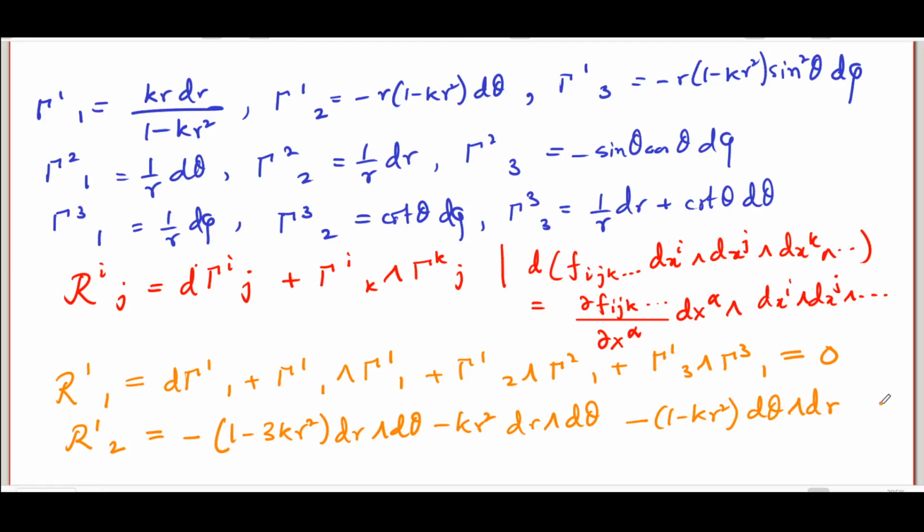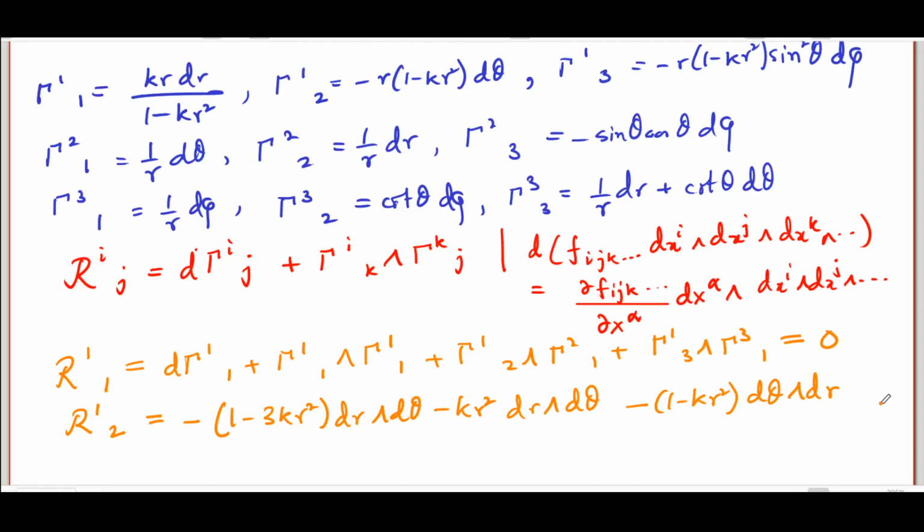Wedge products between one forms are anti-commuting. So the order is going to be very important. And the final term is going to be the wedge of gamma^1_3 with gamma^3_2. Gamma^1_3 is up here. Gamma^3_2 is down here. Sine squared theta times cot theta.